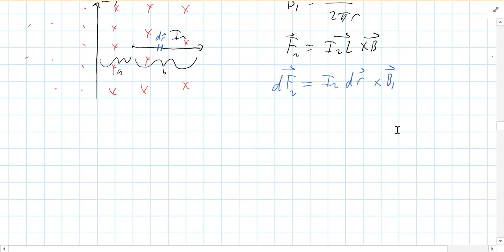Okay, and I will sub in the expression for B1, which is mu naught I1 over 2 pi r. And then we're going to integrate this. We're going to integrate this from the beginning of that wire, which is A away from wire 1, and the end of that wire is A plus B away from that wire.